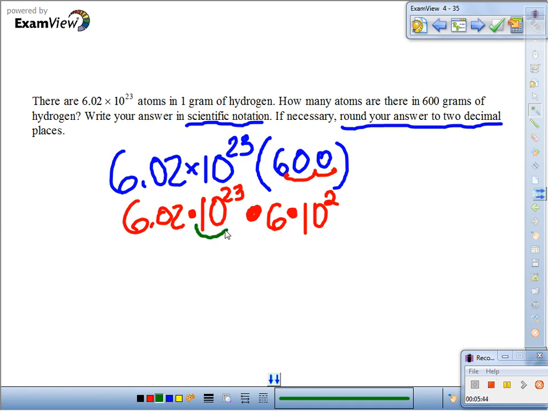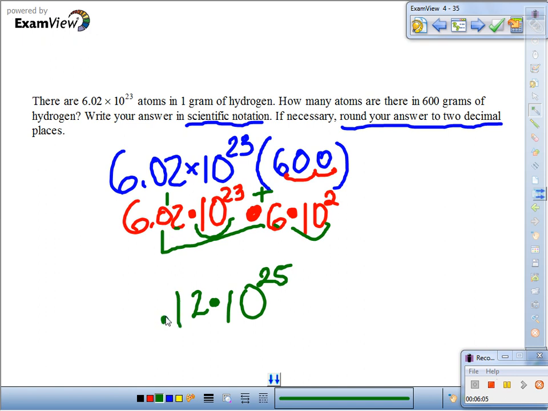Do we have any like bases? Yes, these. So therefore that's 10. And what happens to the exponents when we're multiplying? We add 23 plus 2, that's 25 times. So now I just need to multiply 6.02 times 6. So let's see, what is 6 times 2? 12, carry 1. 6 times 0, 0, the 1 decimal place.